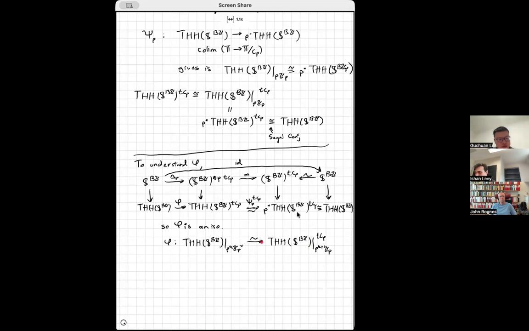And so this Frobenius map decomposes. It shifts the location in Z_p that you're at by a factor of p.